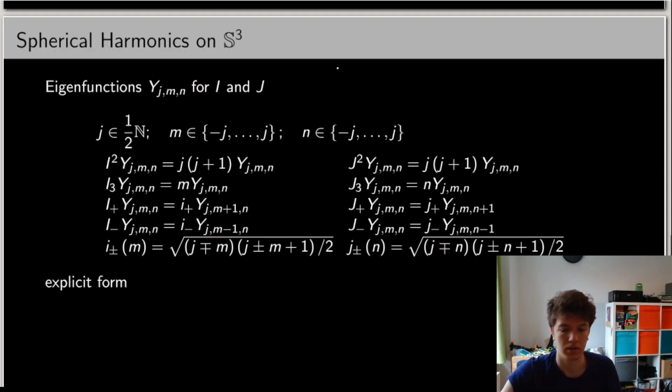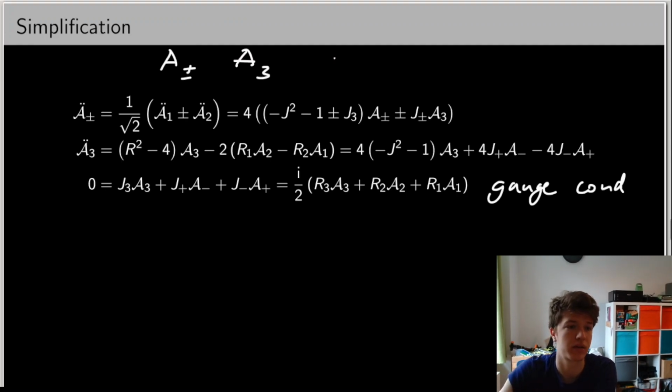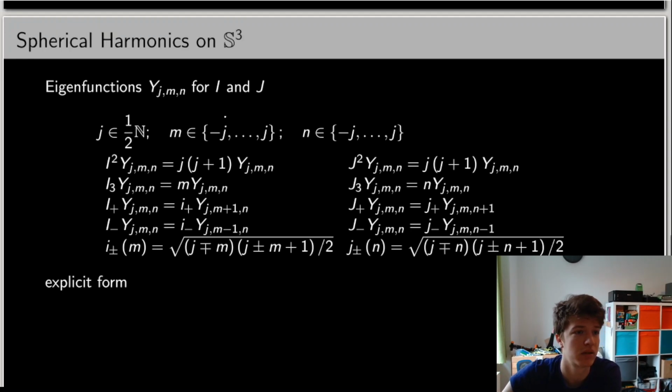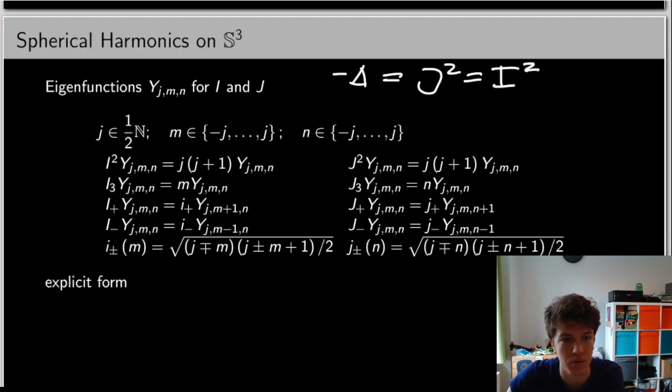And what is now helpful is to regard the spherical harmonics on S3. So we want eigenfunctions of the Laplacian, which is equal to j squared or also to I squared for the left and right invariant vector fields.